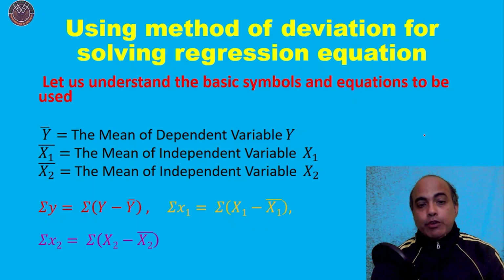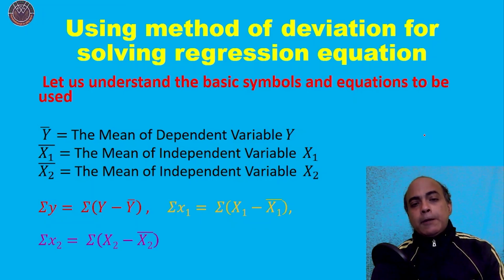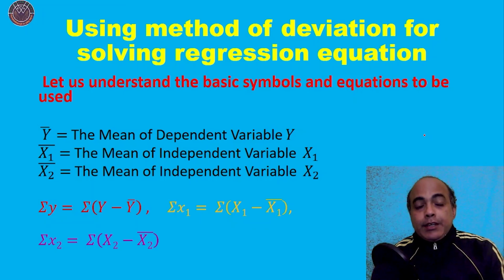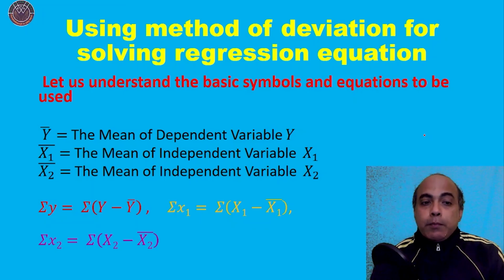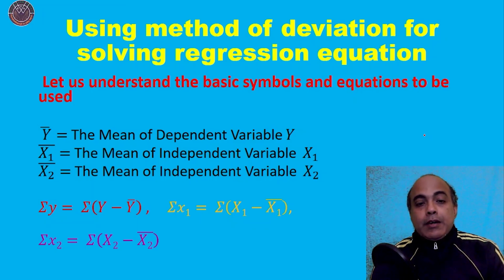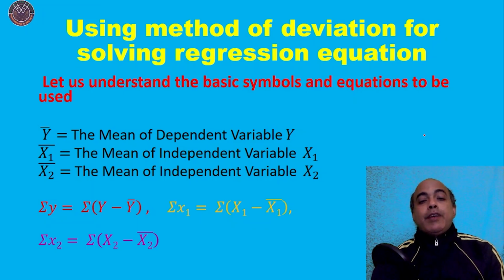I have tried to explain it here. y bar is the mean of the dependent variable, that means our observed variable. Then x1 and x2 are our observed independent variables. x1 bar is the mean of independent variable x1, and x2 bar is the mean of independent variable x2.